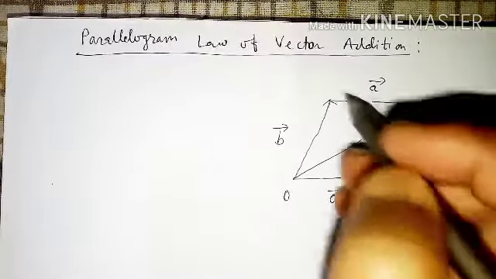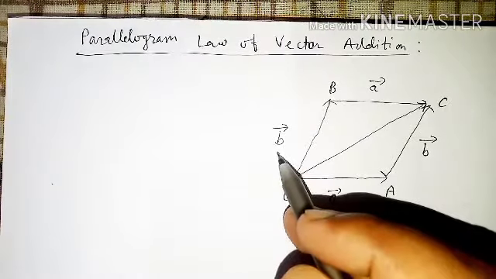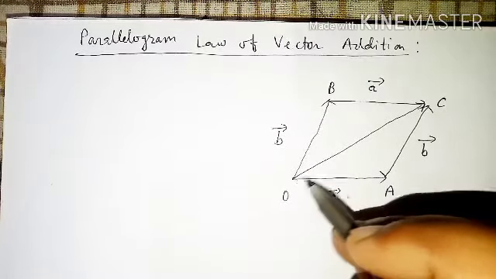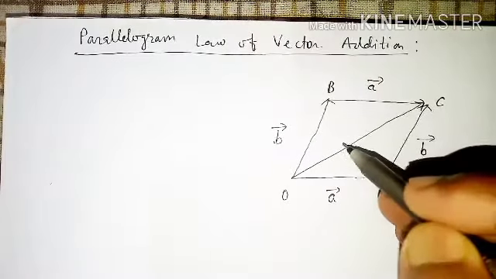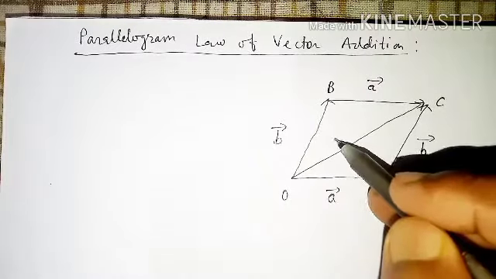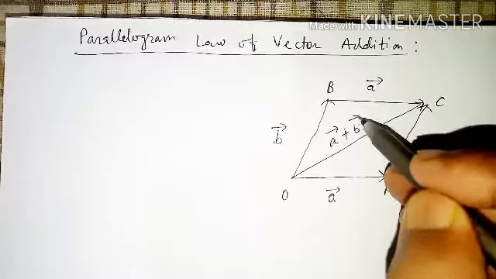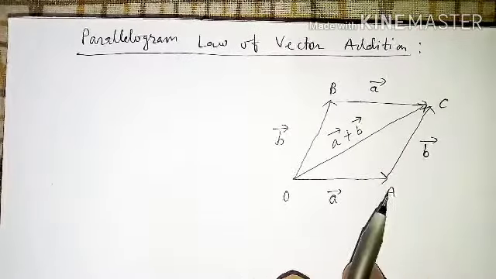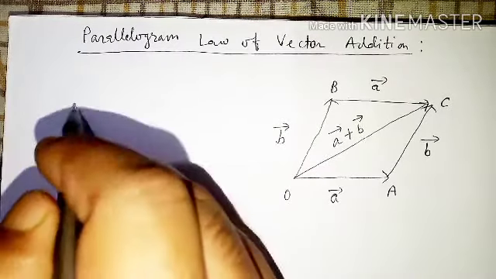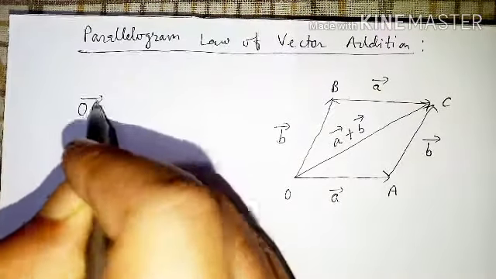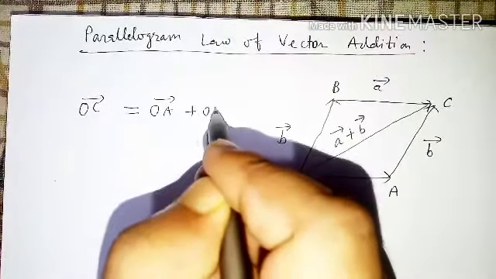This is C, this is B. OA is denoted by vector a, OB is denoted by vector b. Then we complete the parallelogram. Then the diagonal from the common point gives us the resultant vector of vector a and vector b. Here vector OC is equal to vector OA plus vector OB.